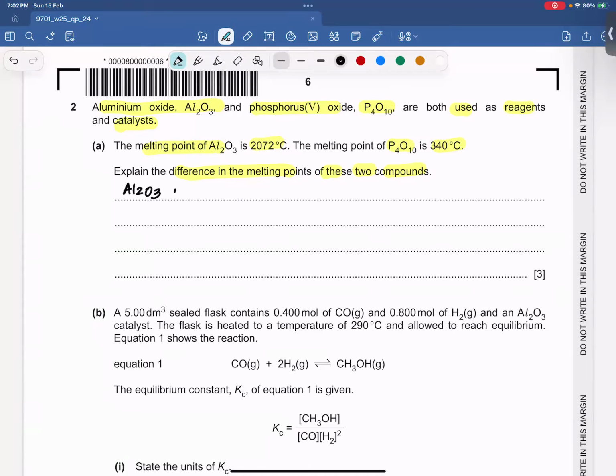Aluminum oxide has a giant ionic lattice, giant ionic crystal lattice.